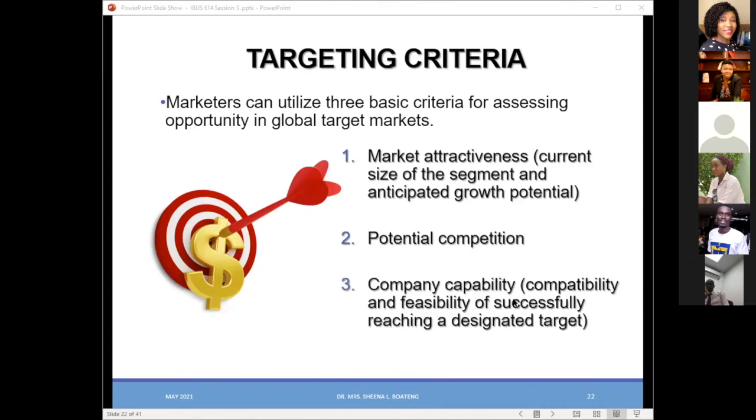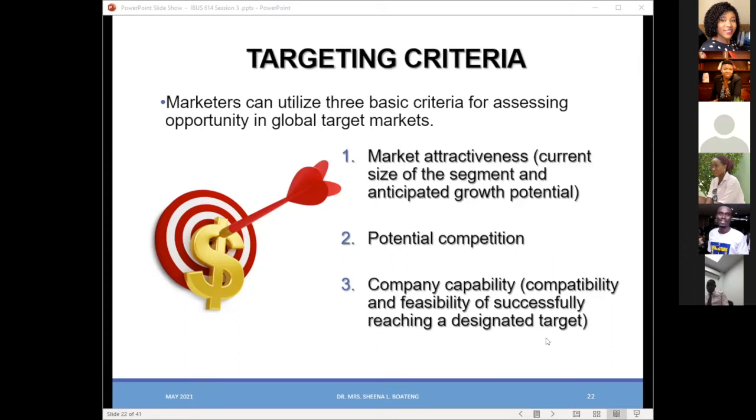Also, global marketers need to look into company compatibility. And this goes back to the potential of competition and their ability to kick you out of the market, as well as the market's attractiveness. A market may be attractive, yes, but that does not mean that your company has the capability in terms of resources, among other things, required to target this market effectively.